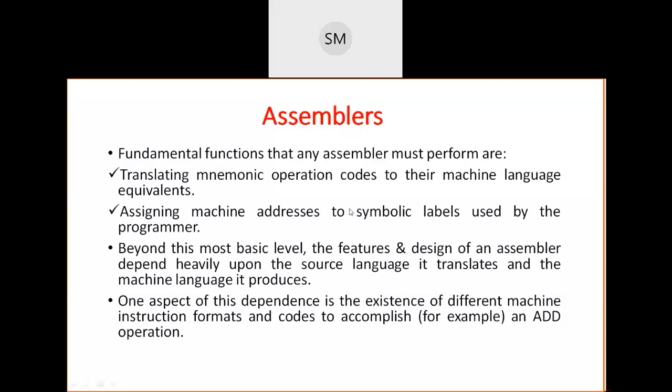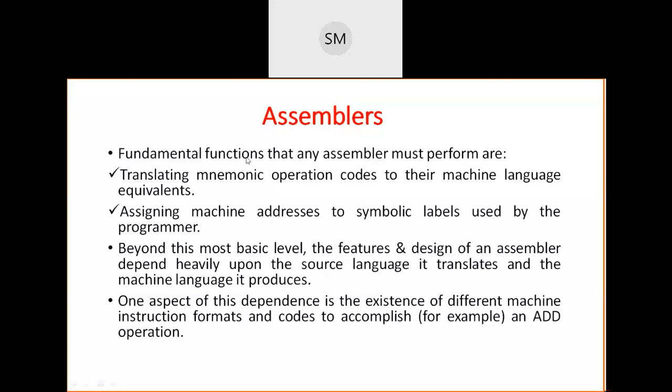The programmer uses some labels, variables and operands in the program. For those labels, operands or symbols, the assembler should assign addresses. It means it should reserve some memory for those operands, and those addresses will be assigned by the assembler. Is it clear? These are the two basic fundamental functions done by the assembler.